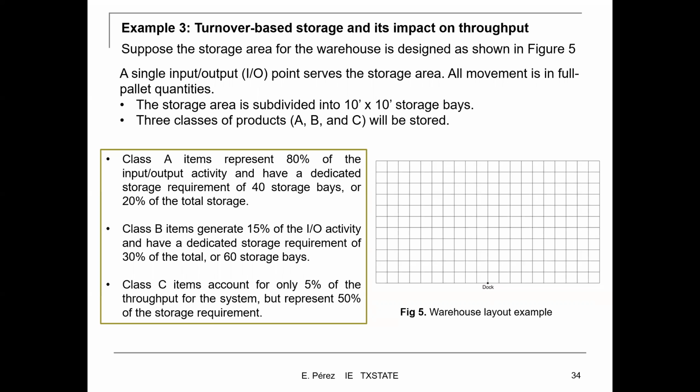Class A items represent 80% of the input-output activity and have a dedicated storage requirement of 40 storage spaces, or 20% of the total storage. Class B items generate 15% of the input-output activity and have a dedicated storage requirement of 30% of the total, or 60 storage spaces. Class C items account for only 5% of the throughput for the system, but represent 50% of the storage requirement.